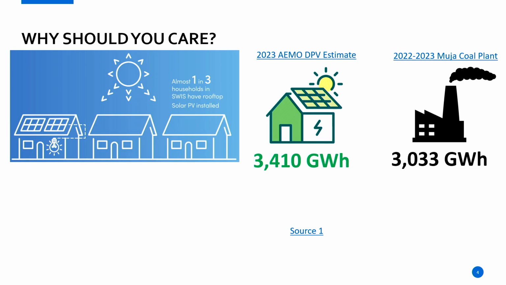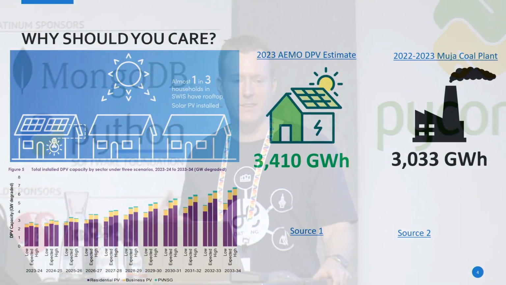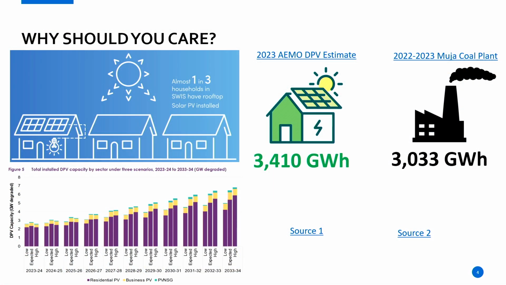So how amazing is that, that already today there is enough rooftop solar in the Perth metro area to generate as much electricity as a coal plant on an annual basis. That is absolutely bloody awesome. And the market operator, AEMO, is predicting that the amount of installed solar capacity is actually going to over double in the next 10 years to 2034.